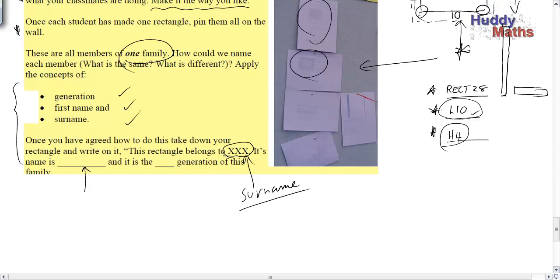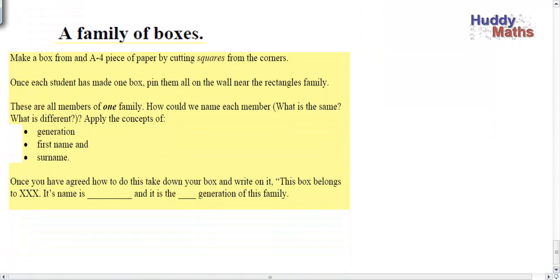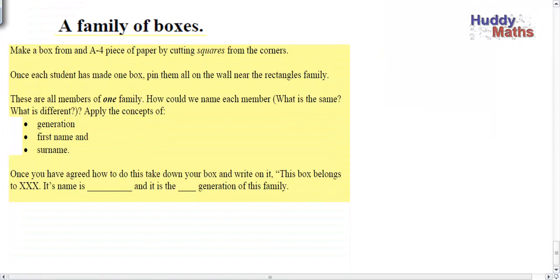So come on down now and let's have a look at a family of boxes. This is our last little exercise. Again, thinking about families and human families, we can use those to describe generations of stuff in Mathland. So let's make a box from an A4 piece of paper by cutting squares from the corners.